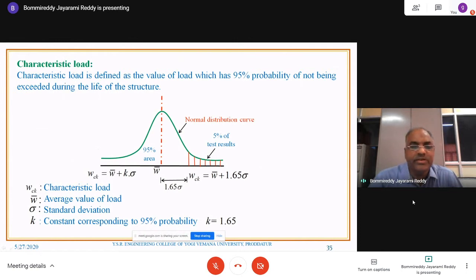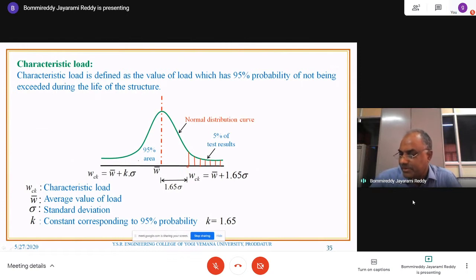Whereas characteristic load as per IS 456 is defined as the value of the load which has 95% probability of not being exceeded during the life of the structure. So that means when the load is such, this is called the characteristic load.